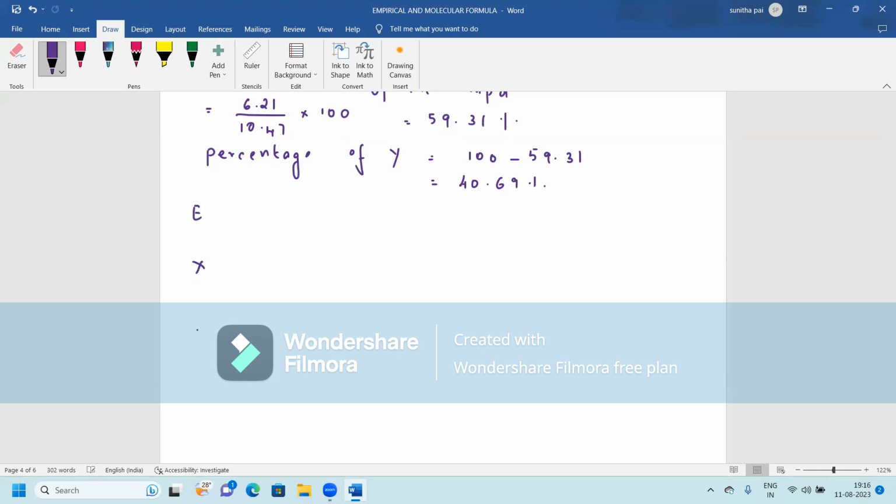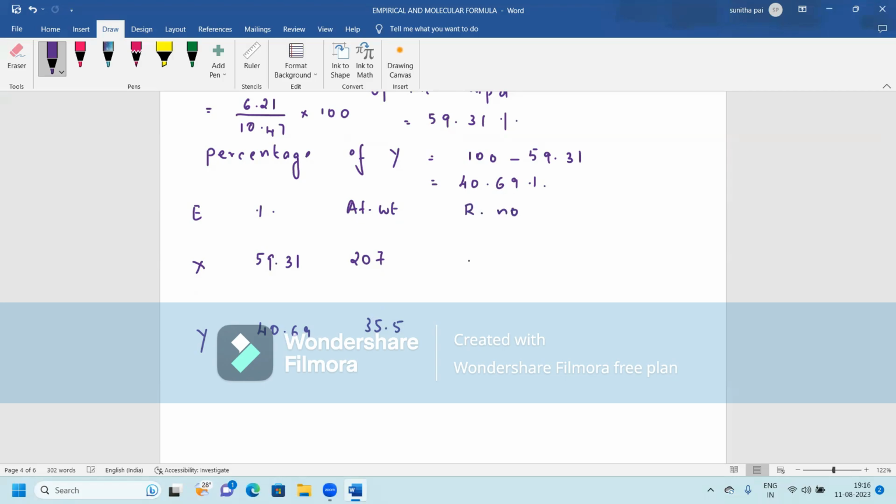Now, once you get the percent, it is again easy to calculate the empirical formula. Elements are called X and Y. The percentages we calculated are 59.31 and 40.69. Atomic weights are 207 and 35.5.